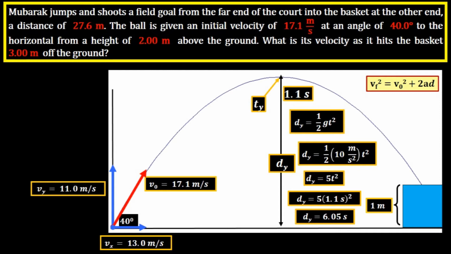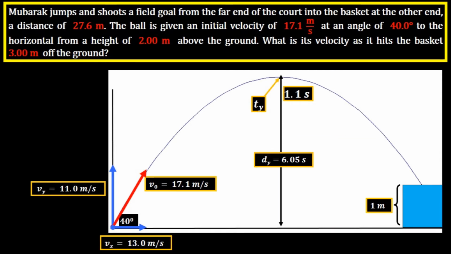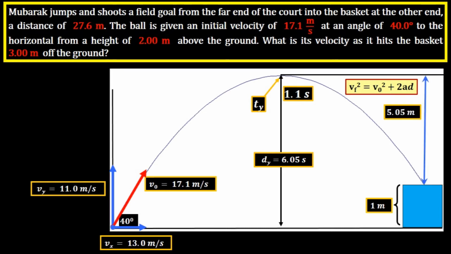Okay, so it's going to fall 5.05 meters, because in landing, the difference in height is going to be 1 meter. So it's going to be 6.05 meters minus the 1 meter, and it's going to fall 5.05 meters.